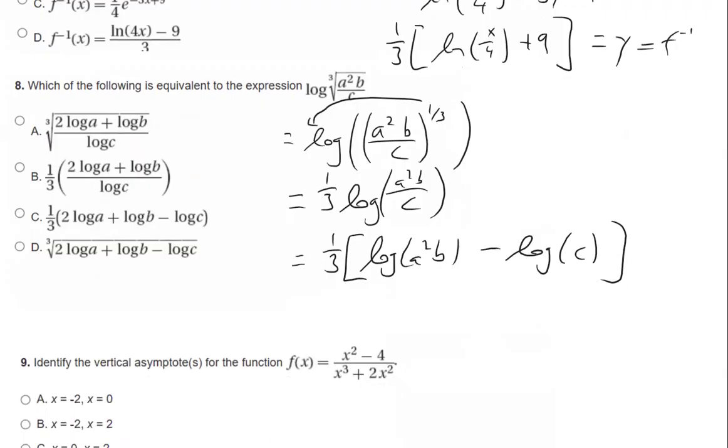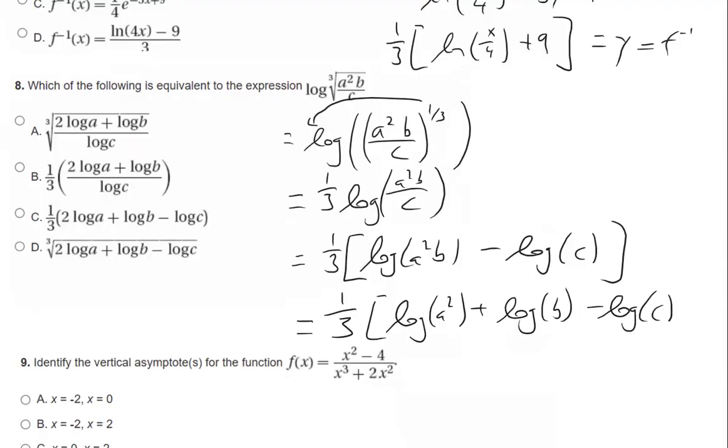And finally, the log of a product of two things, you can make it a sum. So it becomes log a squared plus log b minus log c. And one more thing, once again, we can pull this power out in front. So it'll become 2 log of a instead of log of a squared. They're equivalent. Okay. So which one is it? It's C, right?